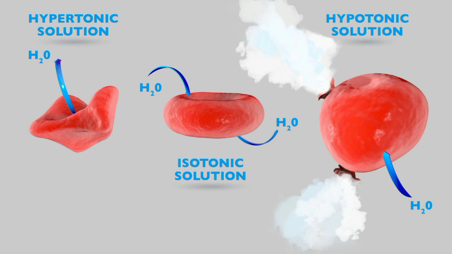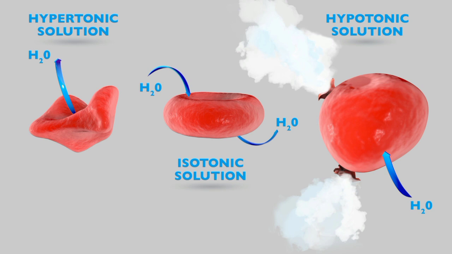A hypertonic solution is a solution that has a higher solute concentration compared to the intracellular solute concentration. So when you put a cell, for instance a red blood cell, in a hypertonic solution, there will be movement of water from the cell into the solution, causing the cell to shrink, as you see in this image.